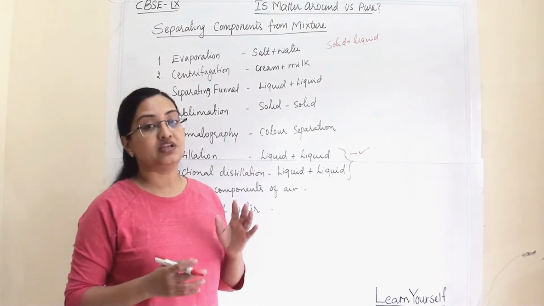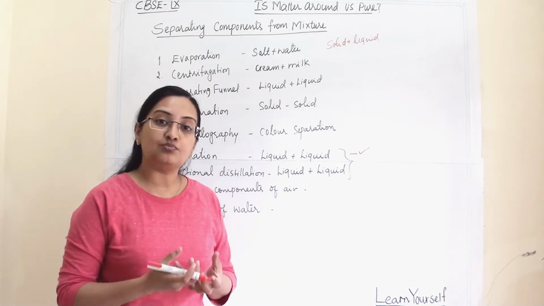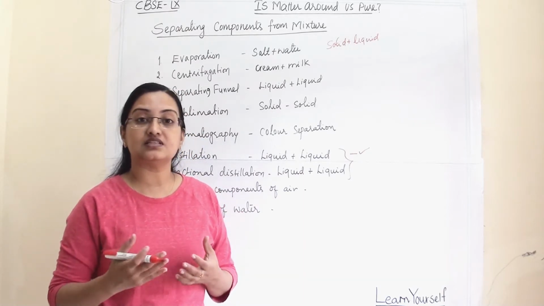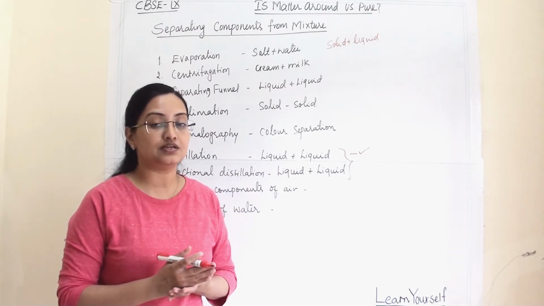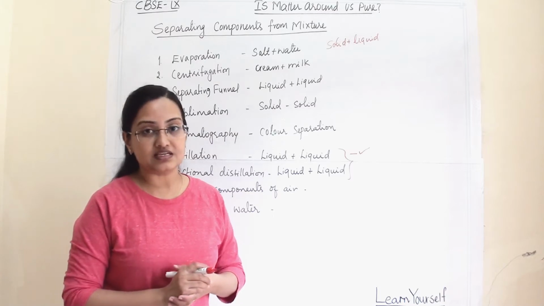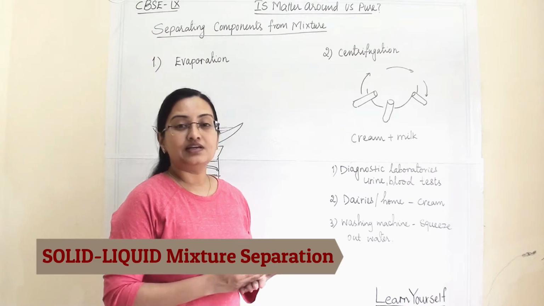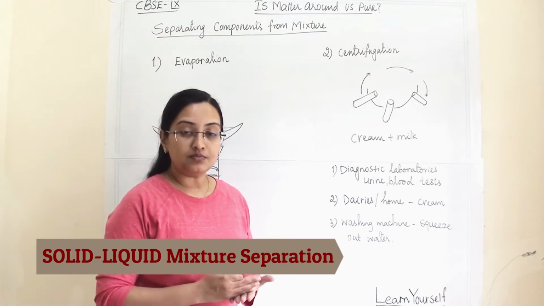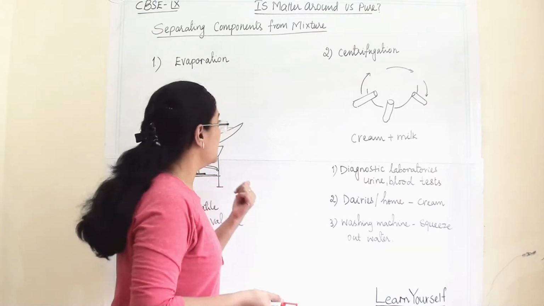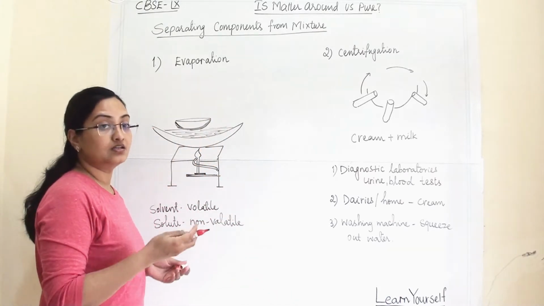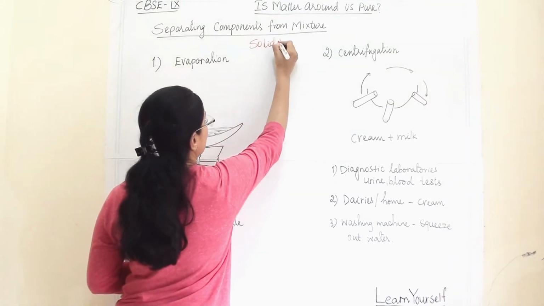These techniques are very easy once you understand the concept behind the technique, why we are using it, and the conditions related to it. Under the mixture of solid plus liquid, the mixture has two types of components: one is solid and another one is liquid.